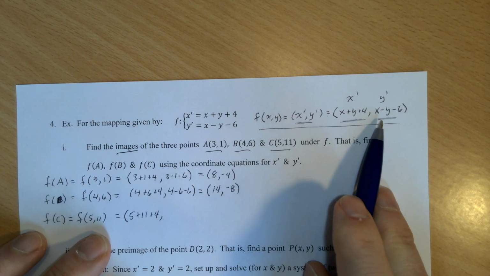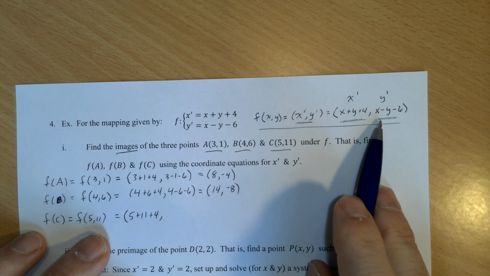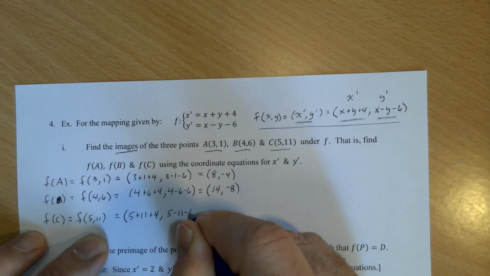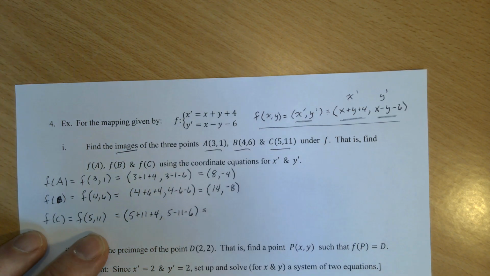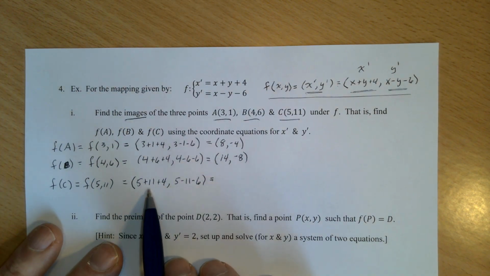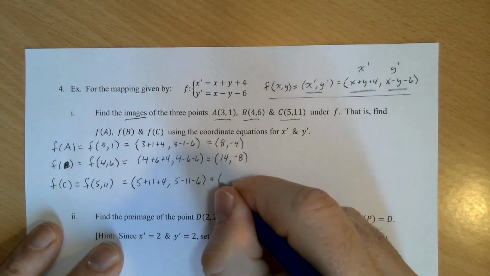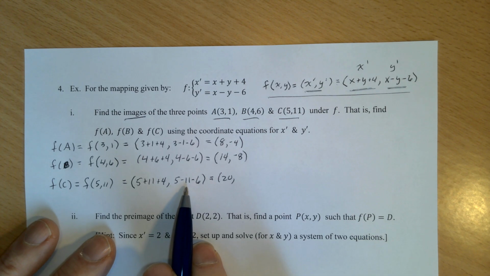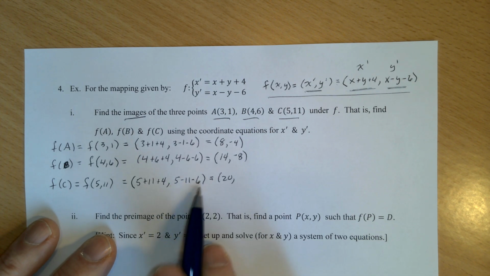And the image of y would be x minus y minus 6. 5 minus 11 minus 6. So what do we get here? 16, 20. And then 5 minus 11 is negative 6. Minus 6 is negative 12.